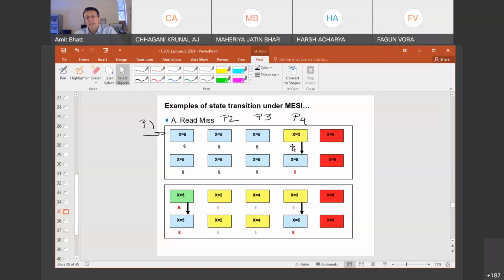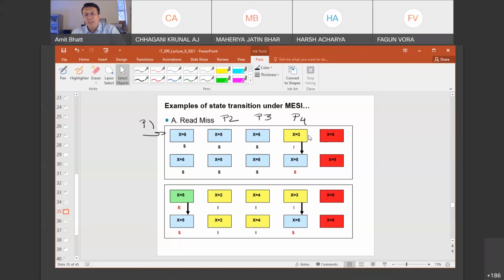And this one is invalid because it didn't have a chance to update it, so it gets the flag I. As soon as P4 makes a demand for this data value to get the value of X, it is told you can't take this value because it has an invalid flag. Because of that, it will have to go to main memory, bring the value back in here, and then use it.